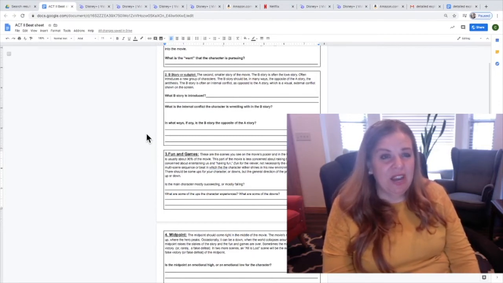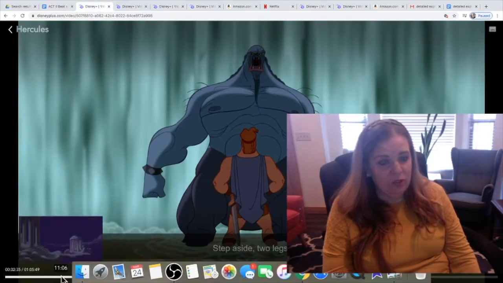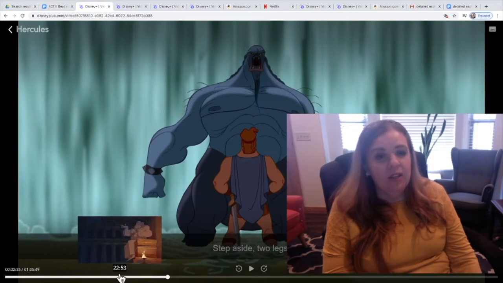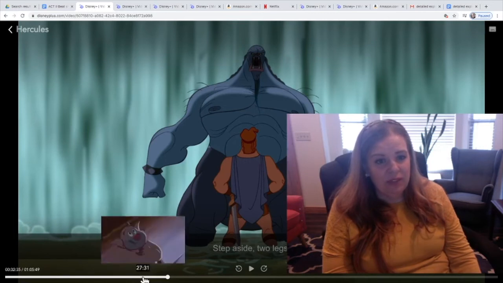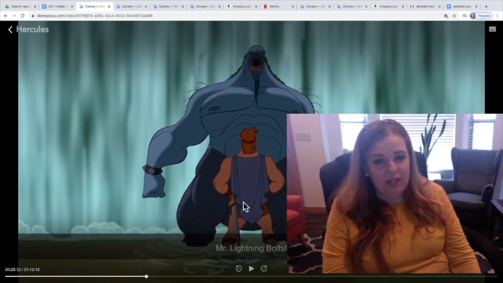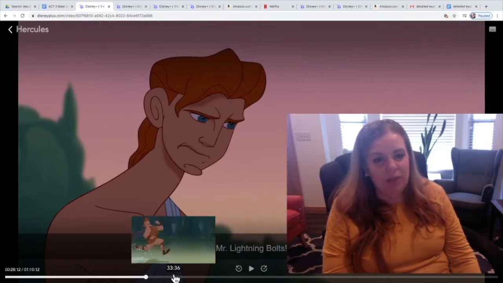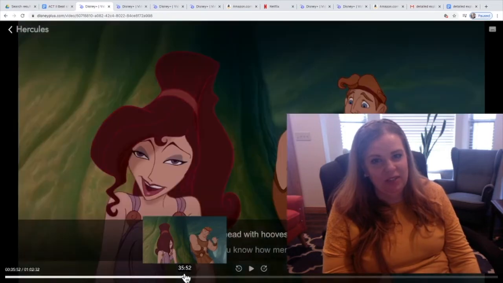The character either shines or fails at their new environment, this new world that they've come into after the first act break. They're either succeeding or failing. So Hercules, at first, is kind of a scrawny wimp and he fails at hero school. Here he is not succeeding very much. But then he gets buff, so he starts getting good at being a hero.